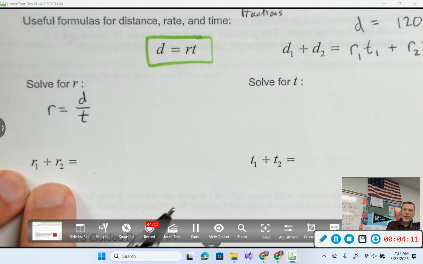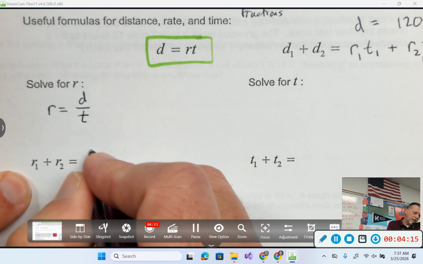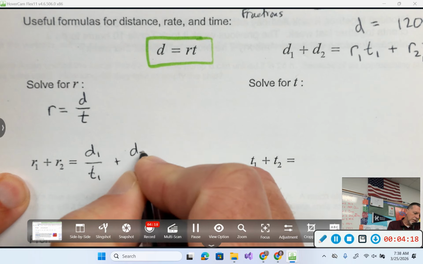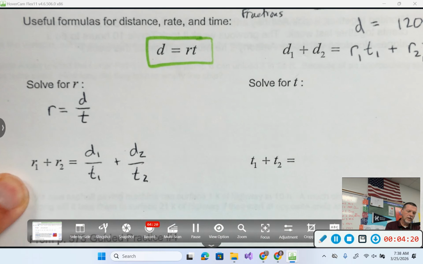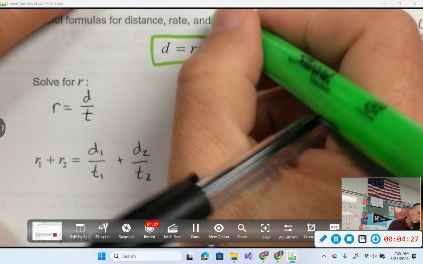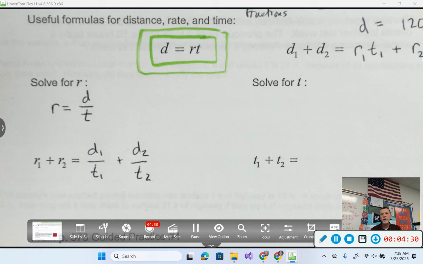And if we wanted to add rates, well, rate is d over t, so d1 over t1 plus d2 over t2. This is not like 14 different formulas to remember. There is one formula to remember, and then we just use it a bunch of different ways.